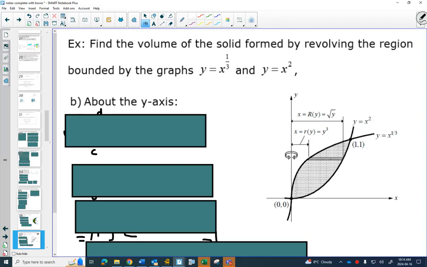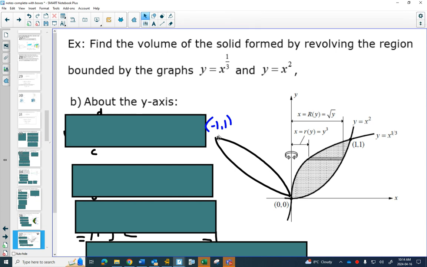So now, we'll go to the y one, about the y-axis. We'll draw this picture again. I'm going to go straight across to here. I'm going to replicate this on this side. Now we're rotating around the y, so now we would have the point -1, 1. And in the same sense, I'm going to take these 2 points, and now, because I'm rotating it around the y, I'd make my oval like that.